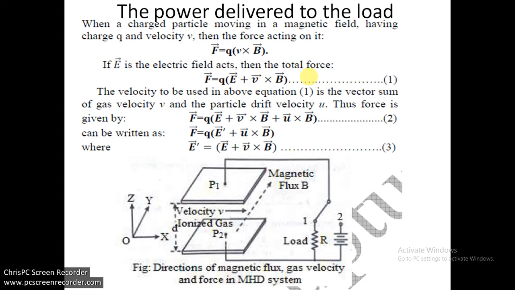This is termed as drift velocity. Here we have presumed that the drift velocity is u. Thus the force is given incorporating drift velocity also. So the net force experienced by the gas stream can be written like this. You can see equation number 2 summarized here.